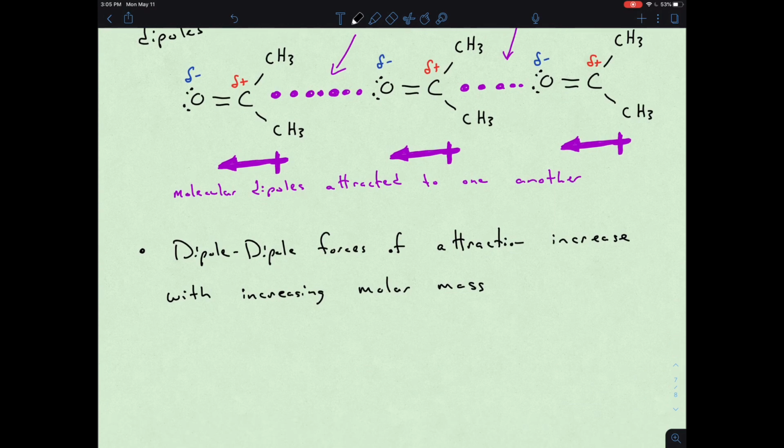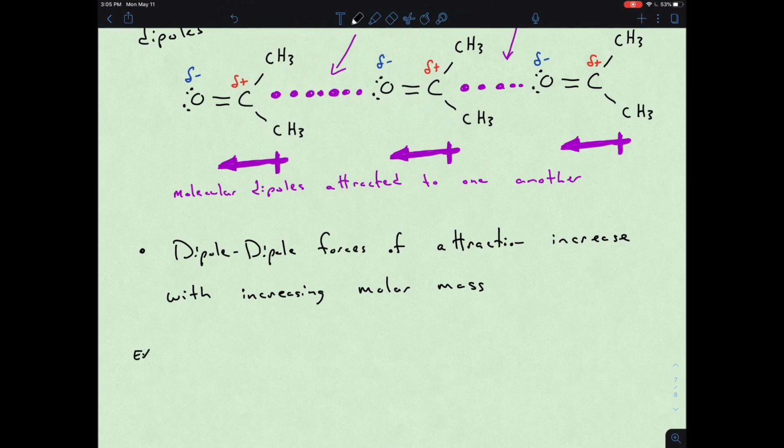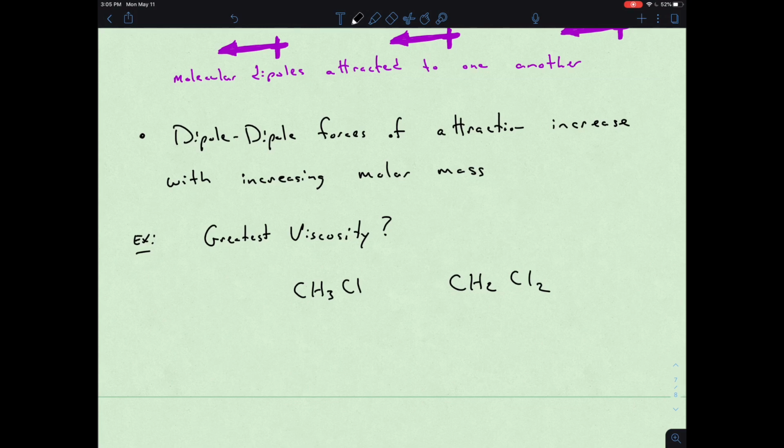So if we had an example of asking which one has the greatest viscosity, we could look at CH3Cl versus CH2Cl2. Well, they both have a dipole, right? If we were to draw these out rather quickly, we could have, showing this tetrahedral, right?